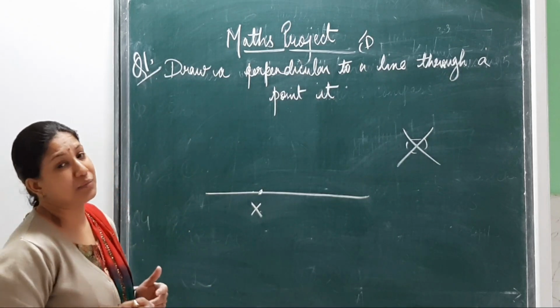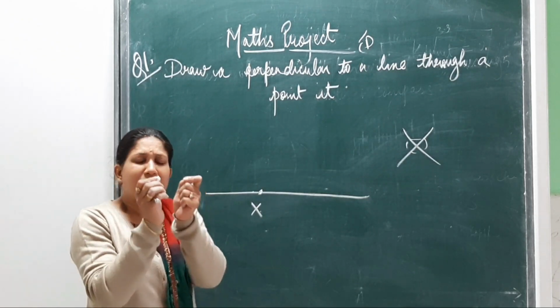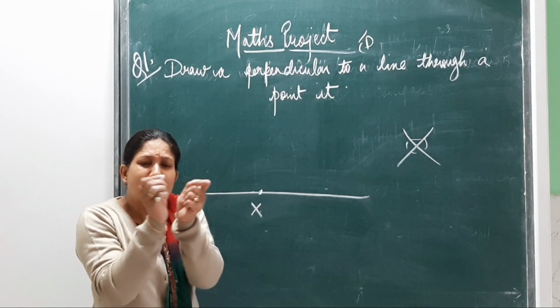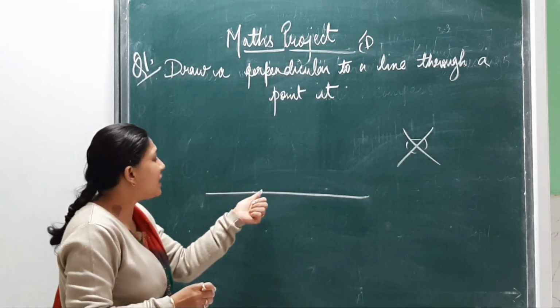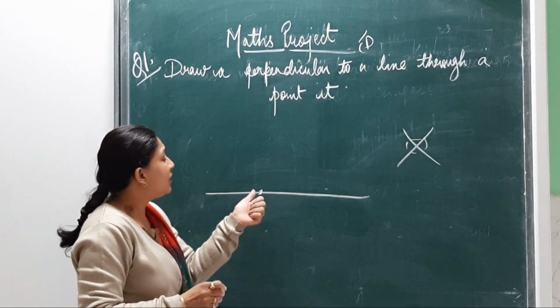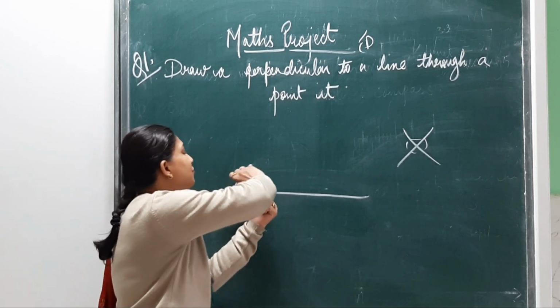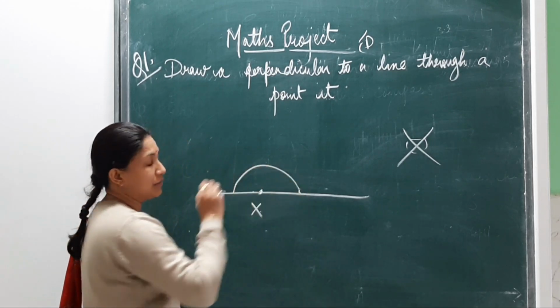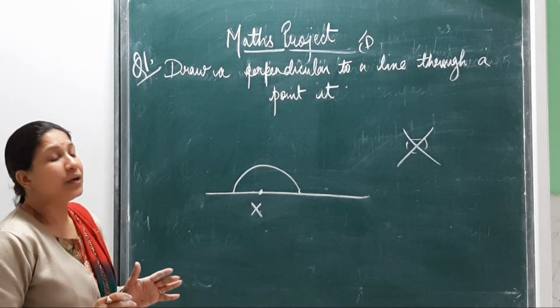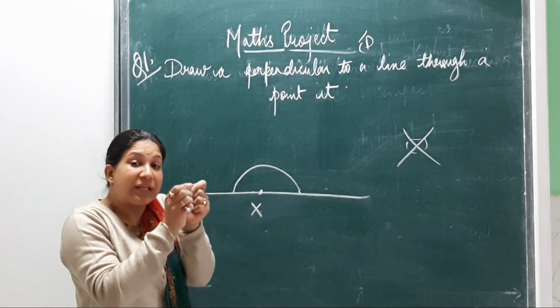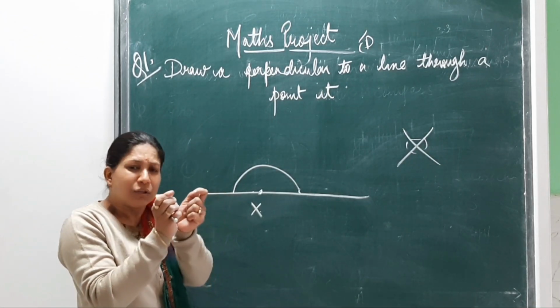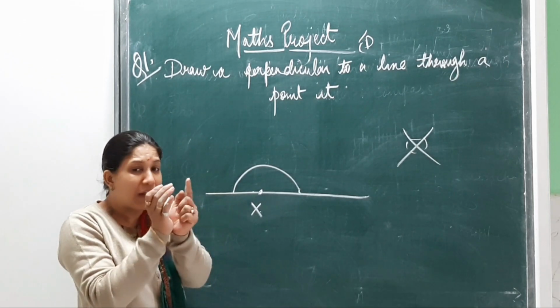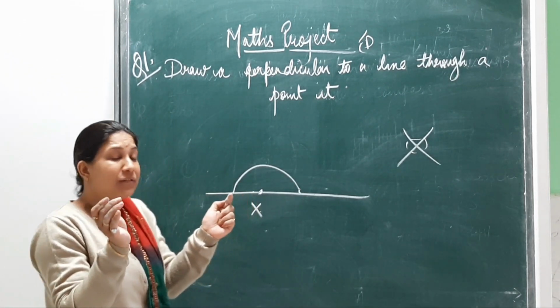Now here the first step is, take out your compass. Take a small radius, extend it a little, place it at point X, taking X as center, draw an arc. Got it? Now after that you extend the radius a little more. Radius should now be greater.